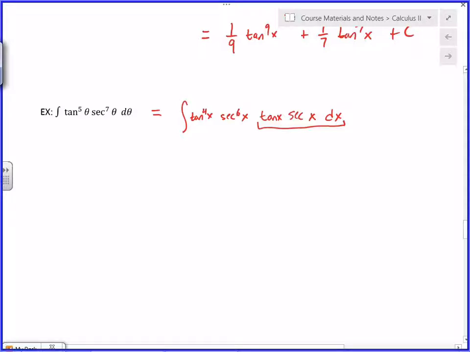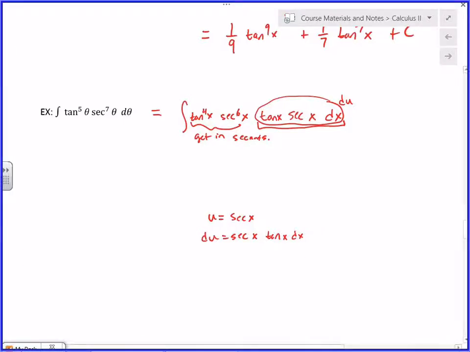Okay, now my goal down here is to use u equals secant of x, because du is now secant of x tangent of x dx. That makes this whole thing my du. But now I need everything over here in terms of secants. If I can do that, then I can just do u equals secant, and this whole thing turns into just u's. No trig functions to worry about.